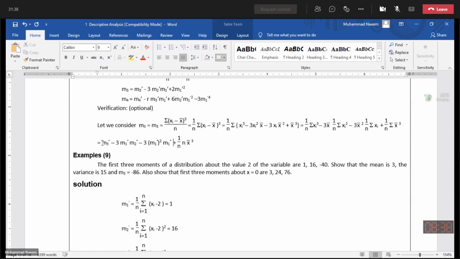And what is x bar cube? X bar is actually our first one. So replace it with M1 prime, with power 3.